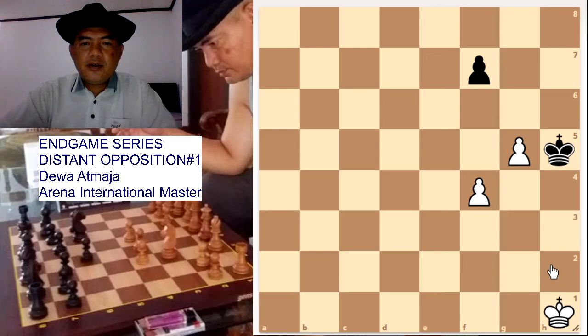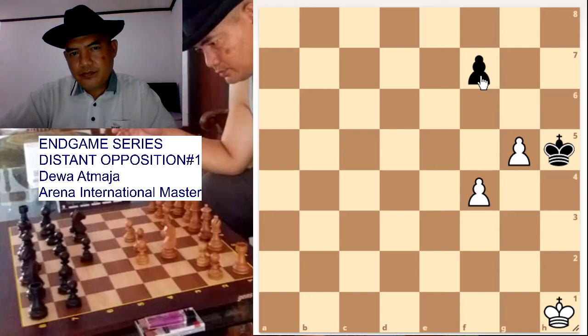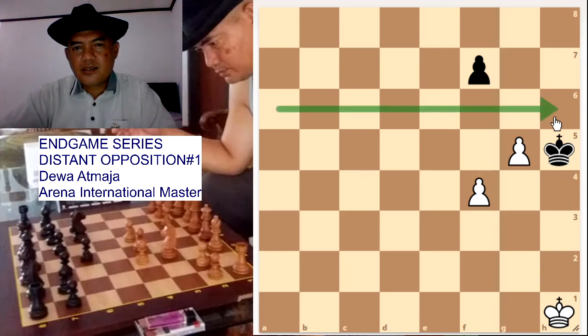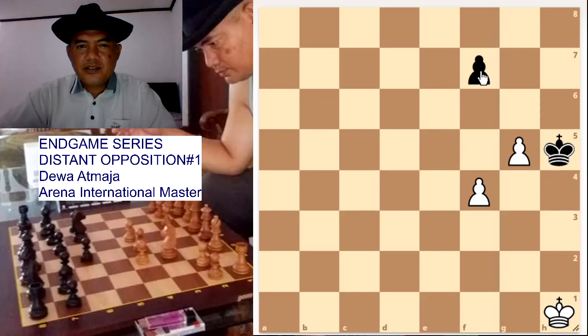So white has an idea to maintain a draw by moving this pawn forward, maybe to the 6th rank or even the 5th rank. The farther this pawn goes, the closer the key square gets to the white king.